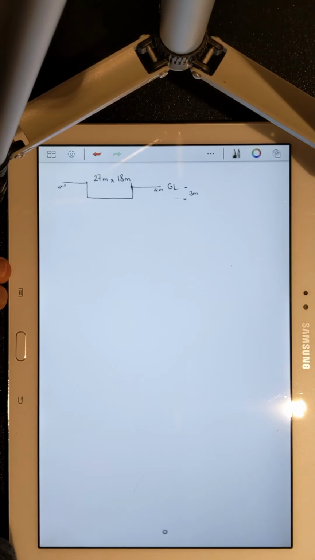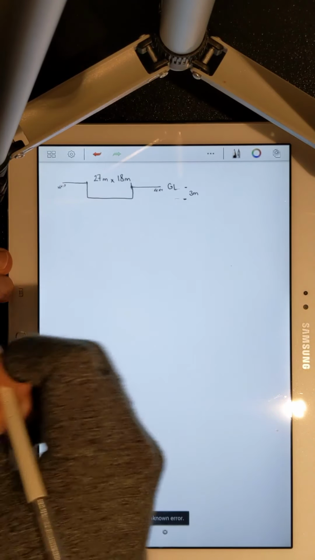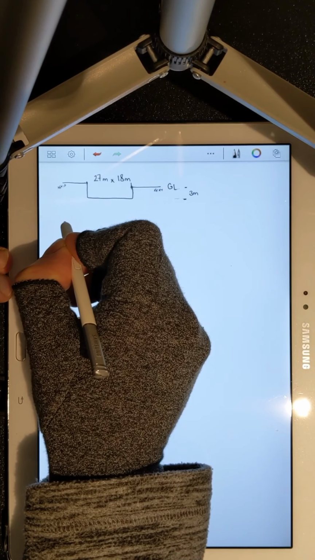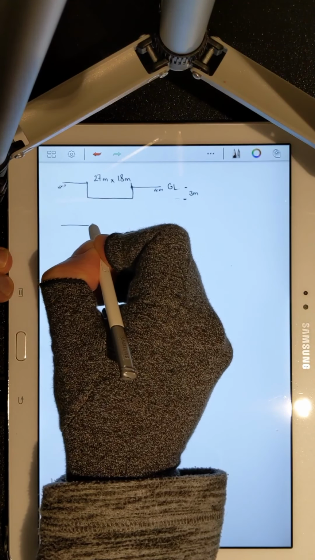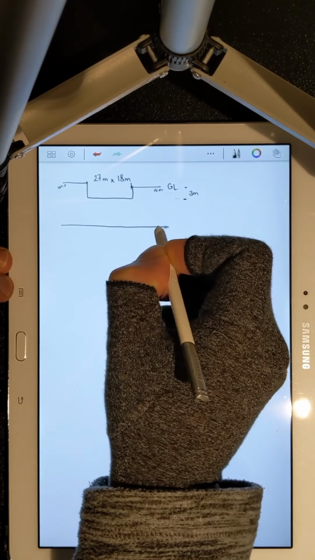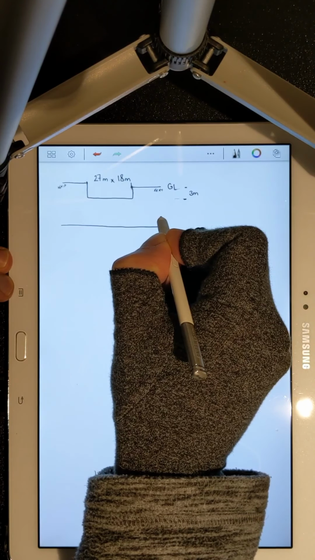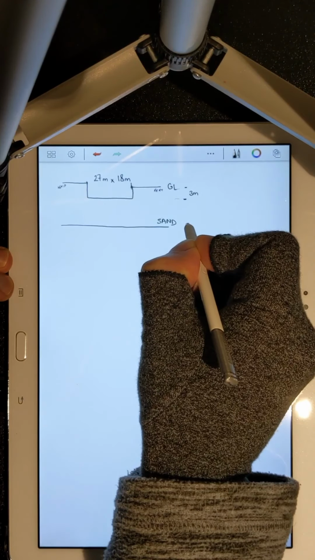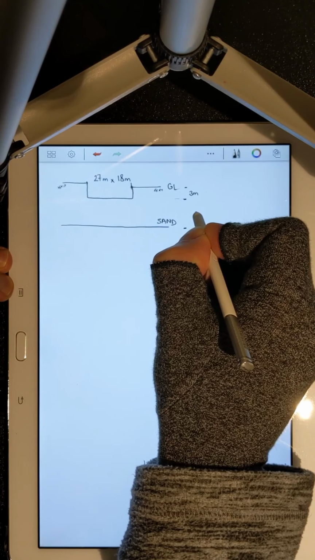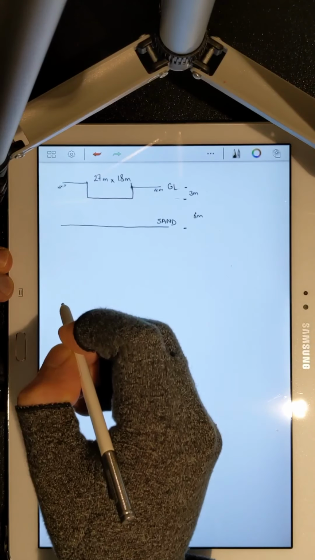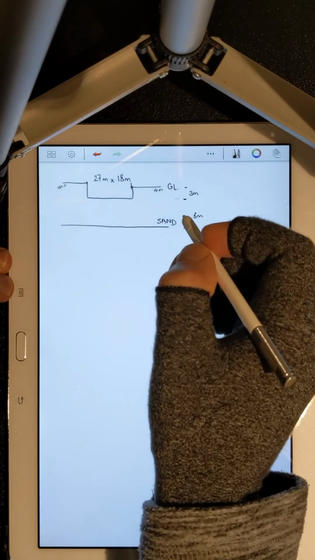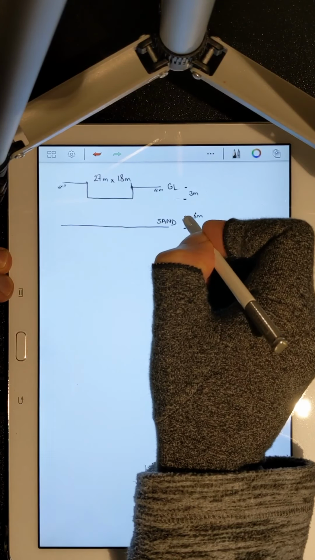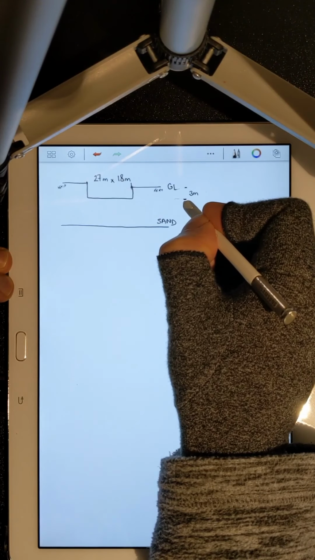And then I have 6 meters of sand. That's all sand. It's not really to scale, but yeah, does the job.